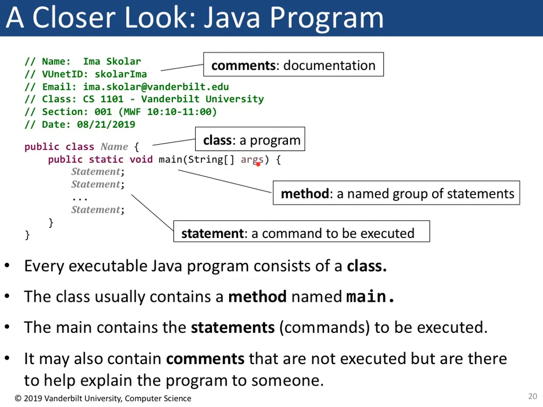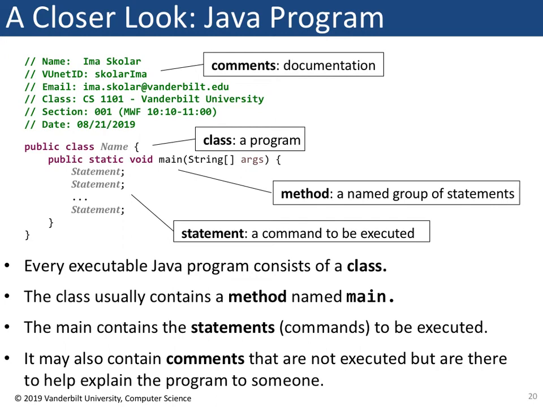The main method is the method that is executed when the executable Java class begins to be executed. So a Java program will contain a Java class if it is executable. The class will contain methods. Methods contain statements. So statements are individual commands.